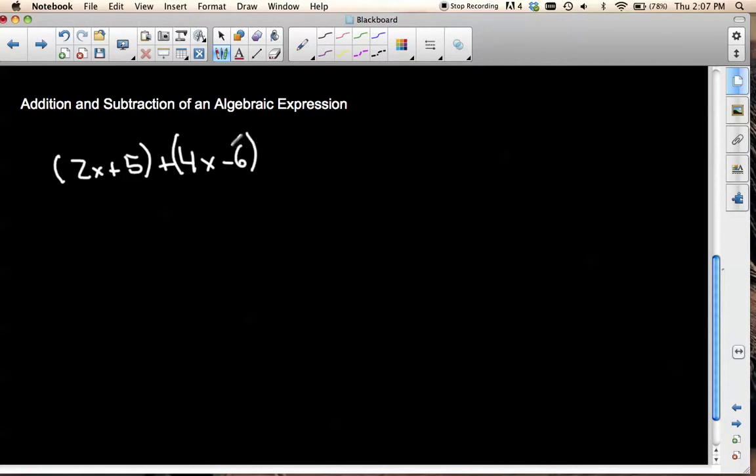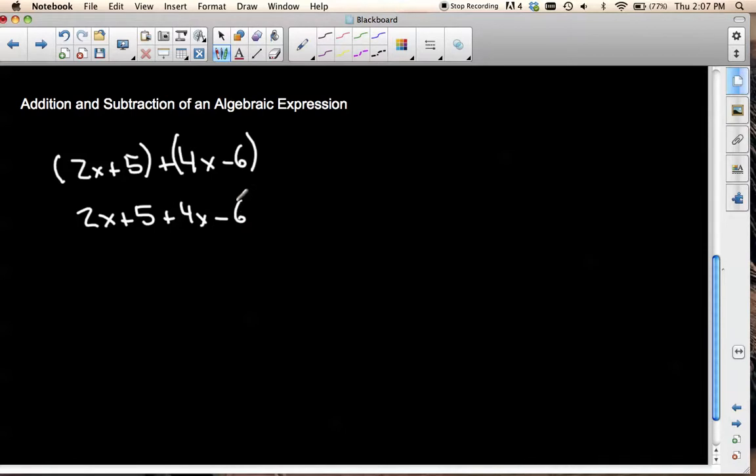Right off the bat, I can't add inside my brackets because these don't have the same variable or exponent, and neither do these. So I remove my brackets, and I'm left with 2x plus 5 plus 4x minus 6.